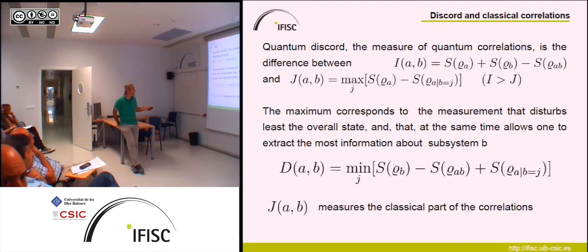J is the quantity obtained by measuring B and maximized over all the possible measurements I could invent on the party B. This J should represent the classical part of the correlations. The difference between I and J is called in the literature quantum discord and measures the degree of quantumness of a state, of a bipartite state.